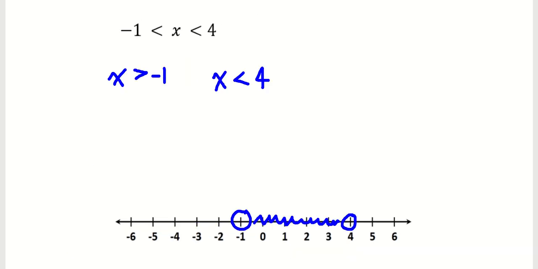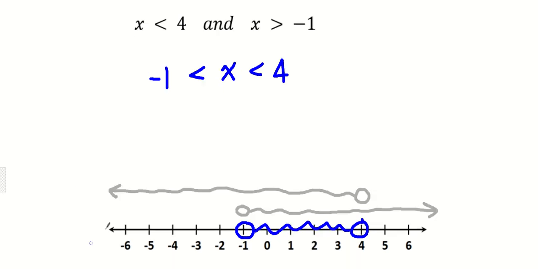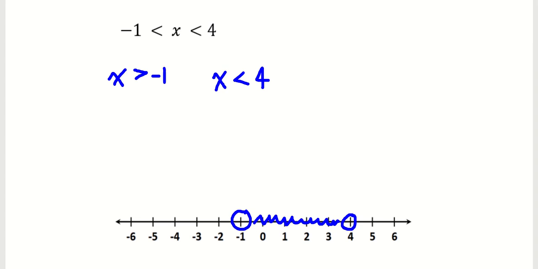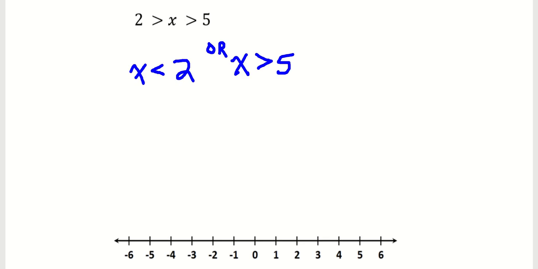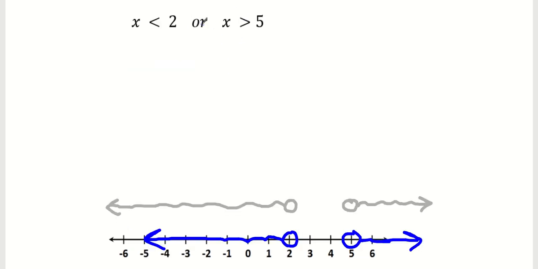Likewise, when the word is and, don't quote me on this per se, but in my experience, you're probably going to see it smushed together like this, and you're probably not even going to see the word and literally typed there with the two inequalities already separate. This is how you're going to see and problems, usually. Again, usually, this is not black or white. And with or, you're going to actually see the word or and the two totally separate inequalities that are going to lead to two separate graphs.